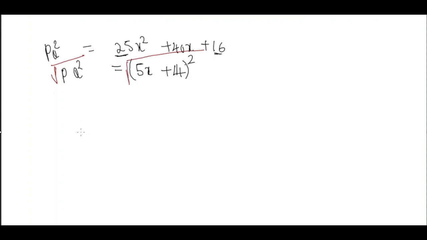The square root of PQ squared is PQ. And the square root of 5x plus 4 all squared is 5x plus 4. So this one is the length of PQ. So 5x plus 4 is the length of PQ.